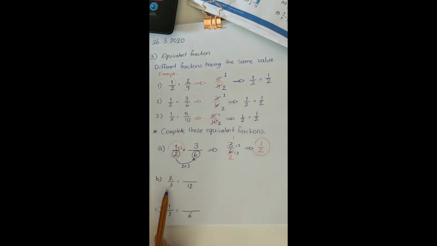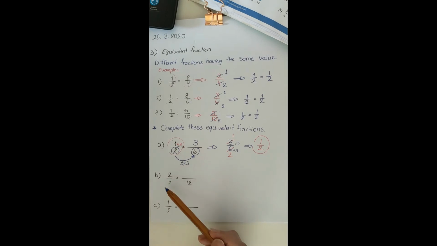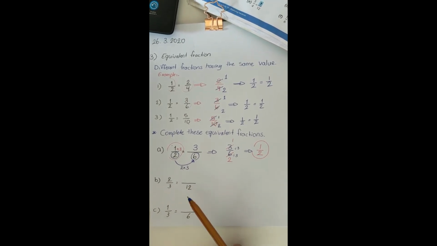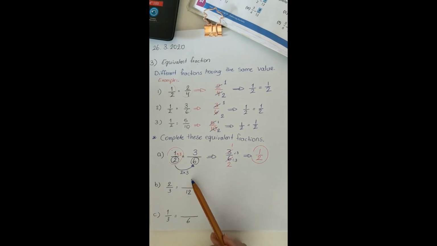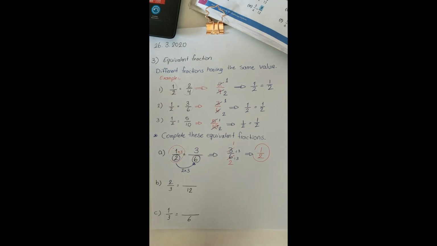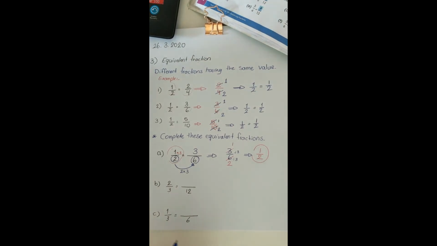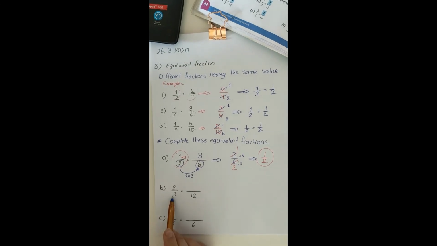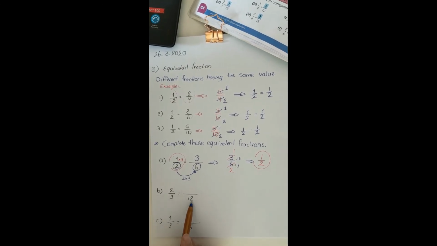Now, I will solve this one. I have 2 over 3 equal to blank over 12. Now I have to find the numerator. So my first step is I have to look at the denominator. Why? Because I have numbers on both sides.